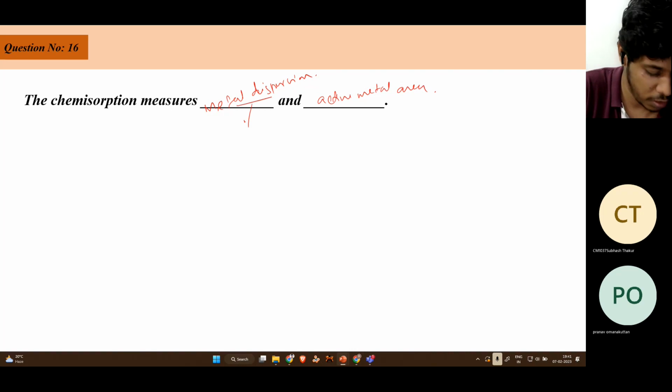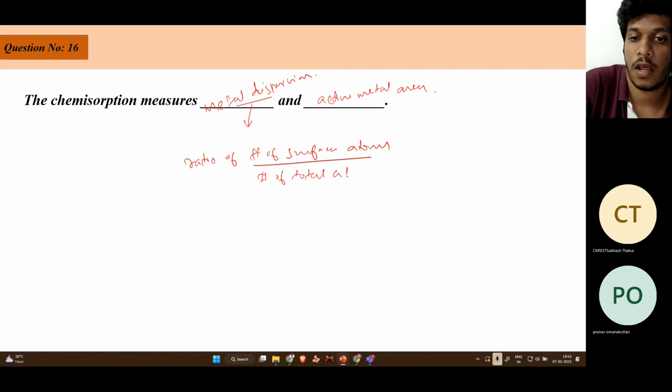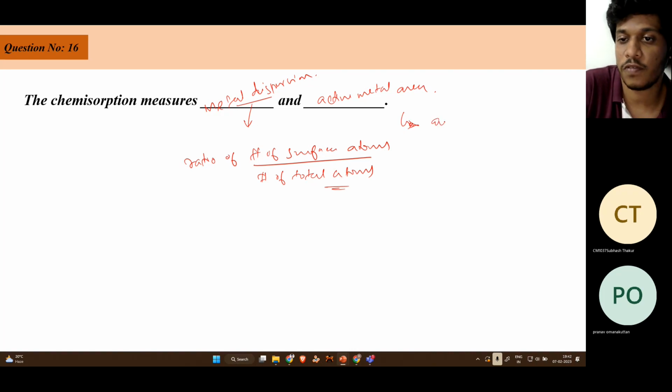Metal dispersion generally refers to the ratio of the number of surface atoms to the number of total atoms. And active metal area defines the area of the material that is chemically reactive.